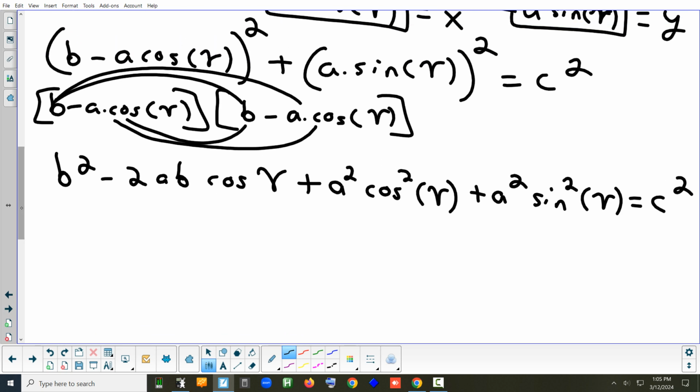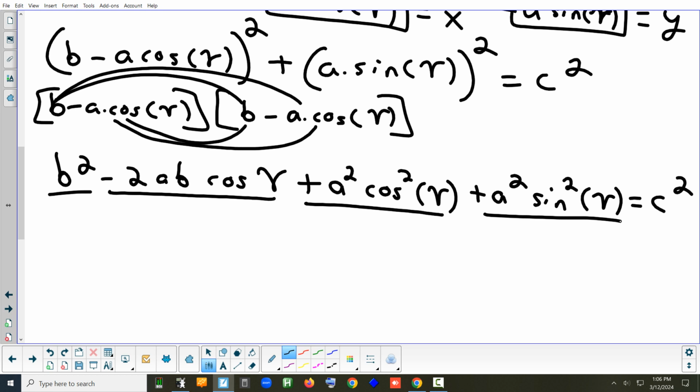Now, let's underline the terms you got. First term, second term, third term, fourth term. Four terms there. Terms are separated by plus and minus signs. If you look at two of the terms, they have something in common that, if you factor it out, what's left turns into a trig identity.